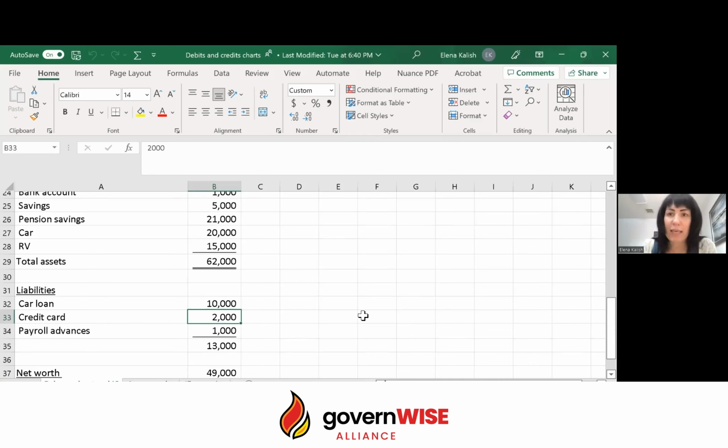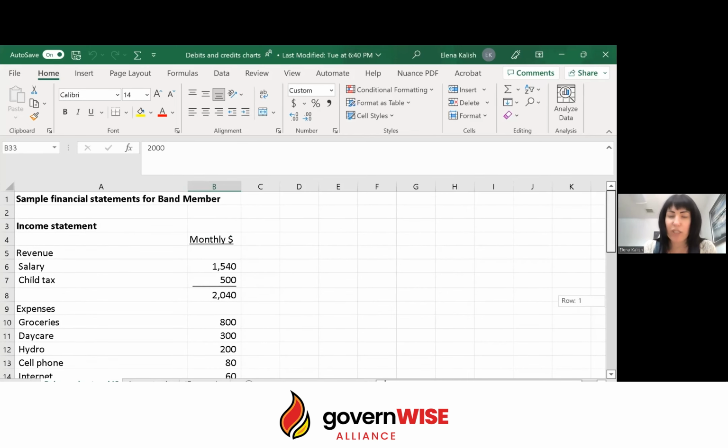So the whole key to understanding and making journal entries is thinking through what happened in an actual transaction, what happened in real life, so to say. And if we understand what's affected, then a journal entry becomes easy, as long as we can see the two sides, okay?